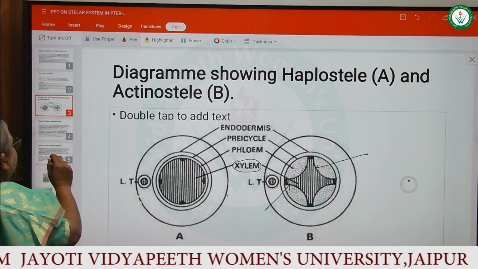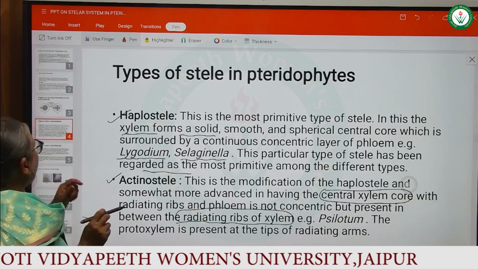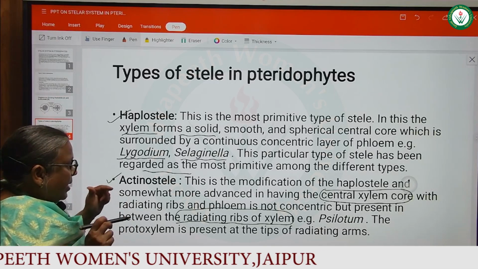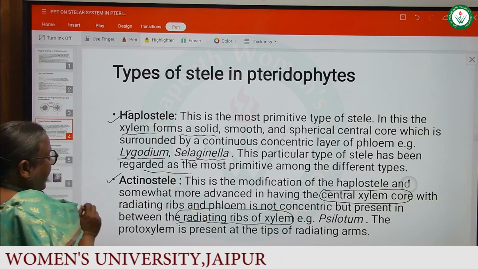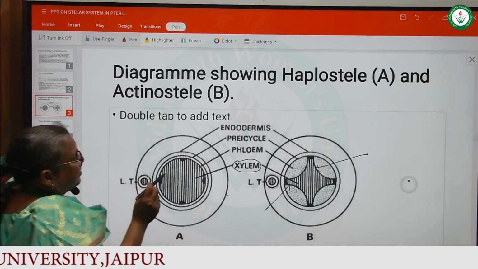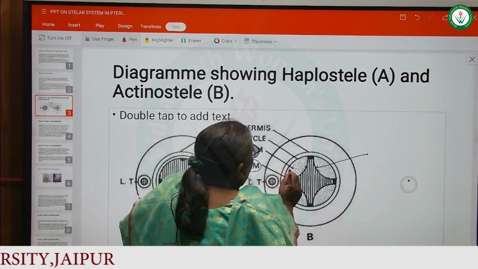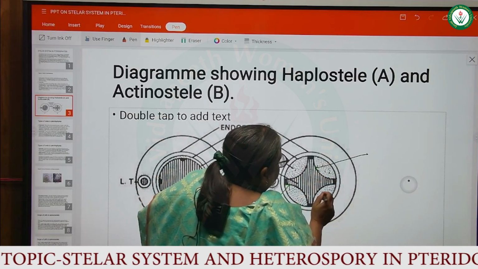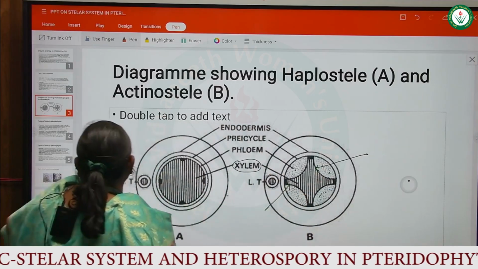That means xylem is present in the form of radiating ribs and phloem is not concentric and it is present in between the radiating ribs of xylem. So this is the phloem which you see in between the radiating ribs of xylem.